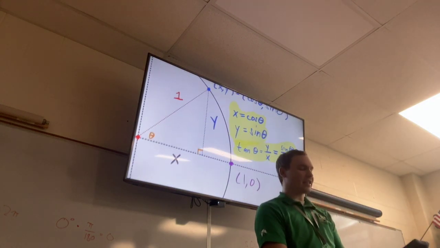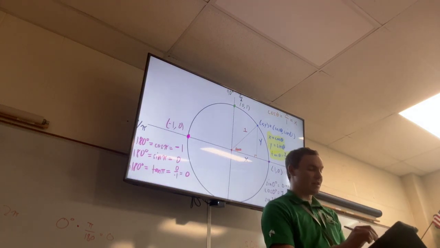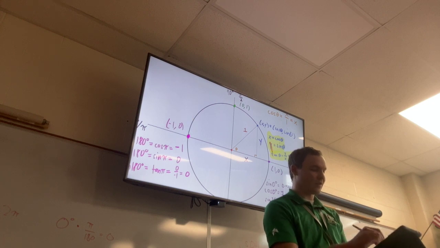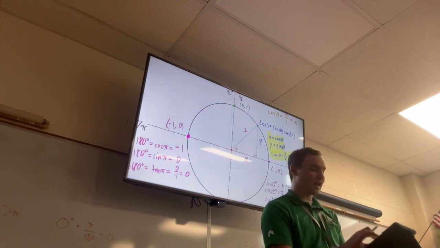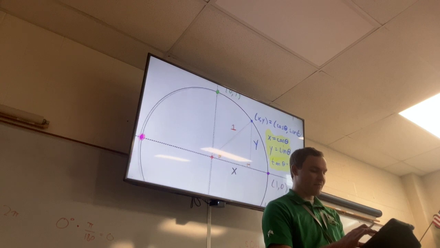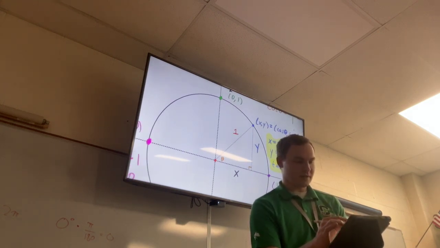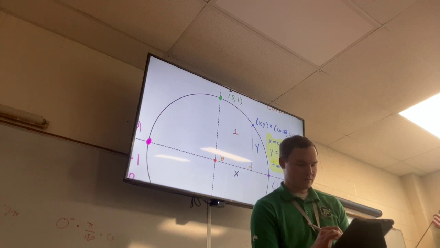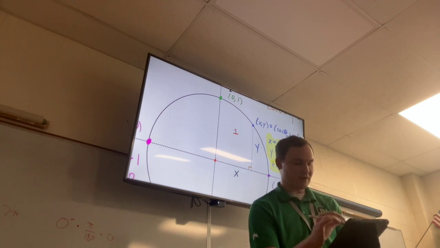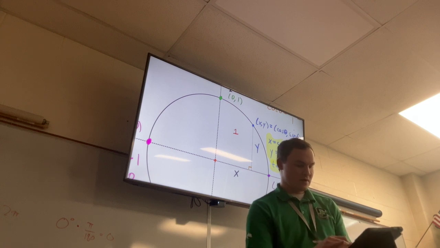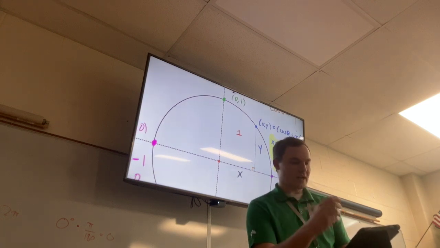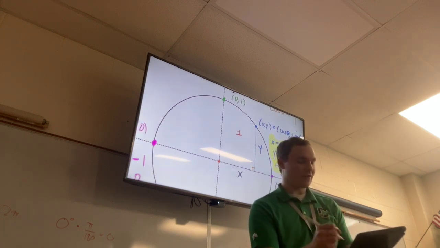So if I'm going around the unit circle, and I ask you to find the sine and cosine of, let's talk about a 135-degree angle.